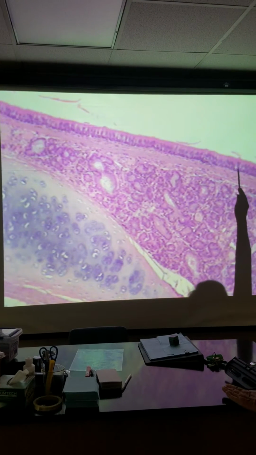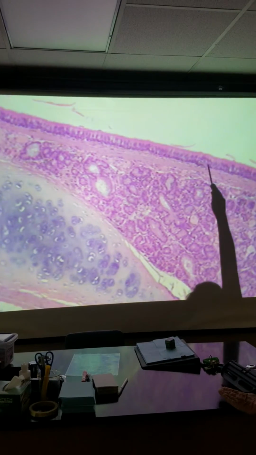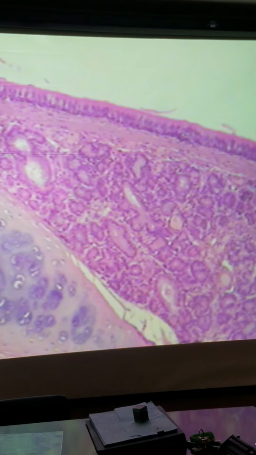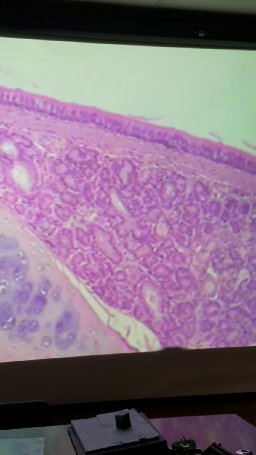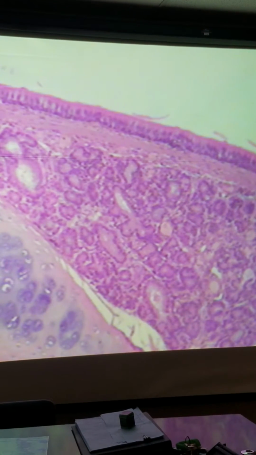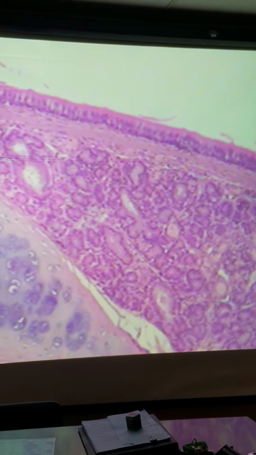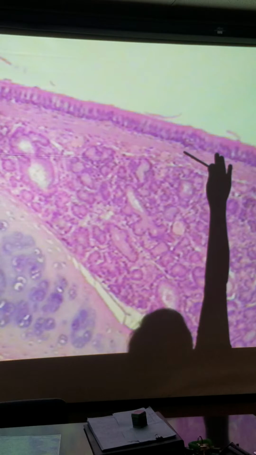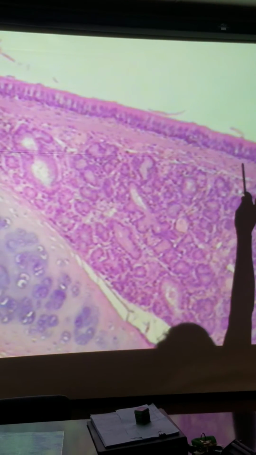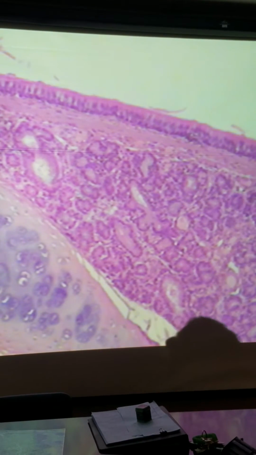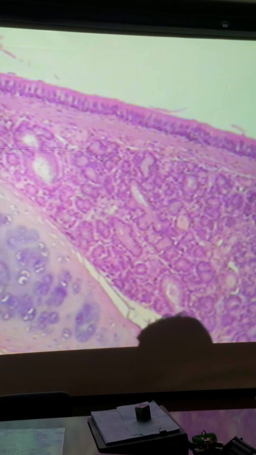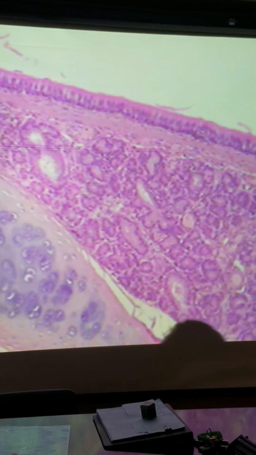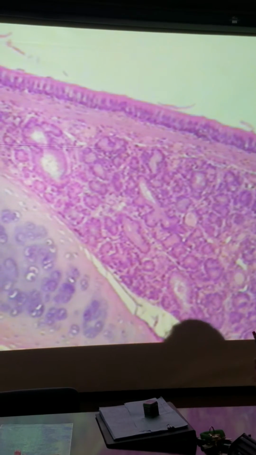There are a few goblet cells thrown in here. And the function of that tissue is that it traps pathogens. It's cleaning the air that's entering your respiratory tract. It wants to clean it of pollen and dust and so forth. And the cilia on the surface beat in a singular upward direction to keep that mucus flowing up and out of the respiratory tree so it doesn't all fall into like the alveoli. So it needs to be cleaned and moved all the time.